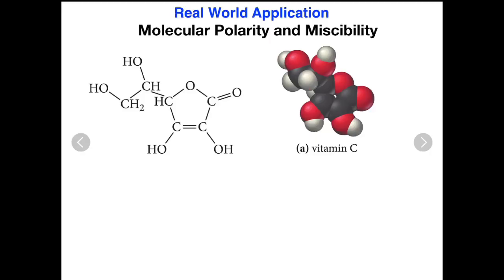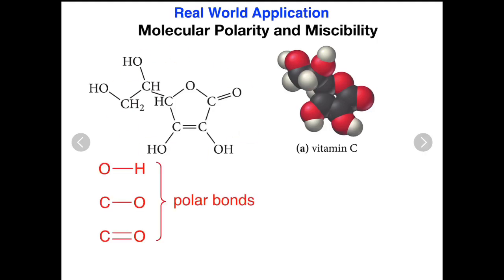There are many applications of molecular polarity and miscibility in the real world, for example, in extraction or even in the vitamins that we eat, right? For example, vitamin C here. If you look at this molecule of vitamin C, you will see that it contains polar bonds, which come from the bond between oxygen and hydrogen, carbon and oxygen, and also the carbon-oxygen double bond.